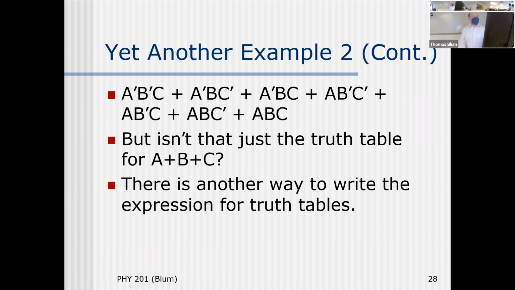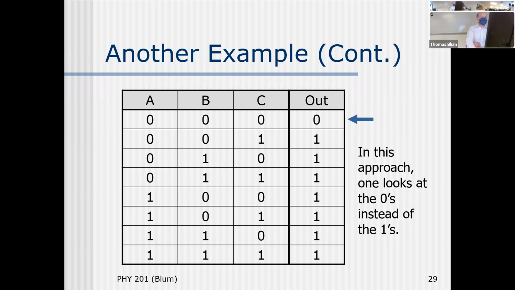We're not going to simplify today. We're just going to figure out another approach. So when there are a few ones, sum of products is nice, but when there are lots of ones, it's a pain. So we want to learn how to do it when there's lots of ones and only a few zeros. Okay.